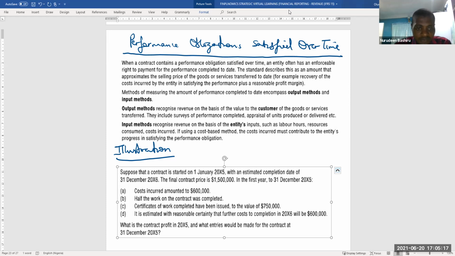C, certificates of work completed have been issued to the value of $750,000. D, it is estimated with reasonable certainty that further cost to completion in 20x6 will be $600,000. What is the contract profit in 20x5? And what entries would be made for the contract at 31st December 20x5?